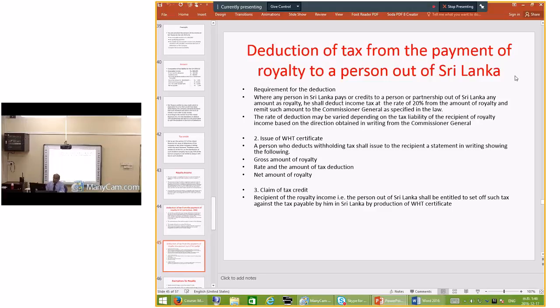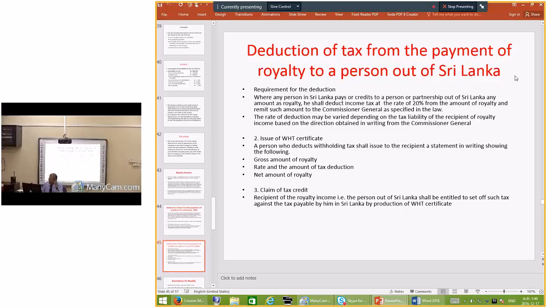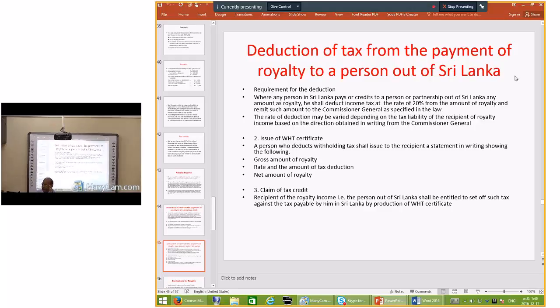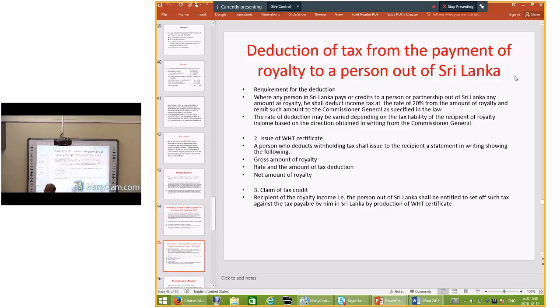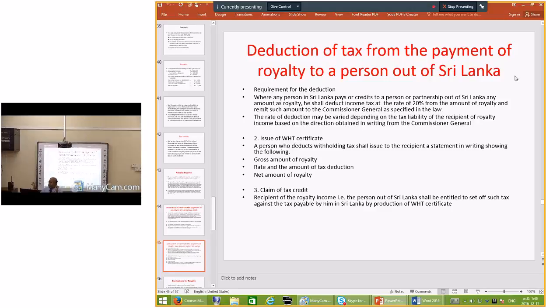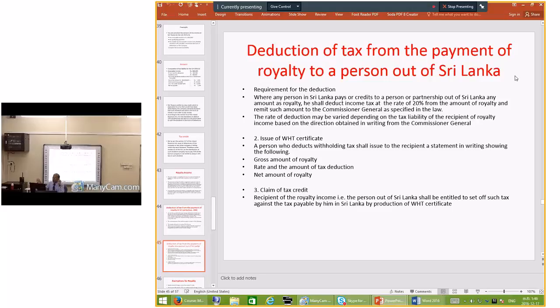Ultimately, we will learn how to compute statutory income, assessable and taxable income, and tax payable. Once tax payable is computed, any taxes deducted as withholding tax on royalty become a tax credit, meaning he has already paid taxes.